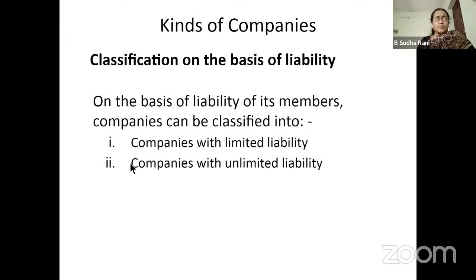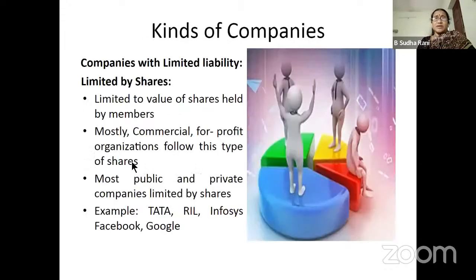Okay, so based on liability, we classify into two types: limited liability and unlimited liability. Again, limited liability has two types, limited by shares and limited by guarantee. Limited by shares, I already explained, is where the liability of the members is limited to the extent of shares held by them.